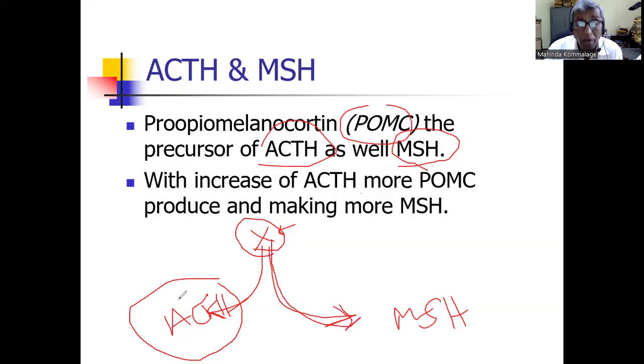The problem is excess production of cortisol and ACTH, but since we produce more of this substance, some excess MSH also will be produced. That is important. When we have more ACTH in our body, we might have more MSH, and our melanin production will increase, and we get unwanted dark colors in some places in our body. You will learn it later under high cortisol level.